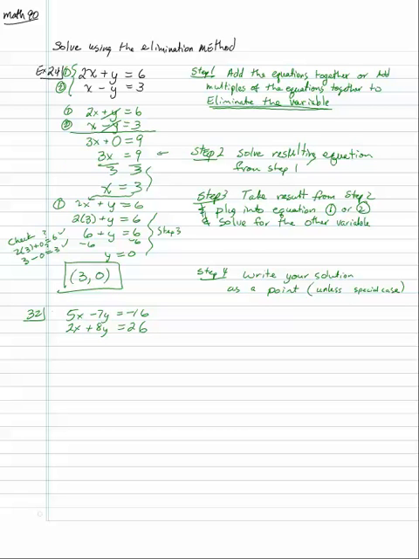So if I just straight added these two equations together, I'd get 7x plus y equals 10, right? That doesn't help me. And why doesn't it help? The goal is you want to eliminate a variable. So what you have to do is first decide which variable you're going to get rid of.